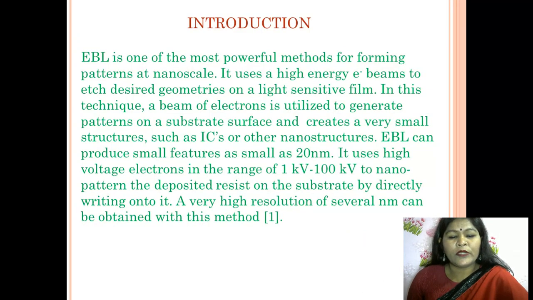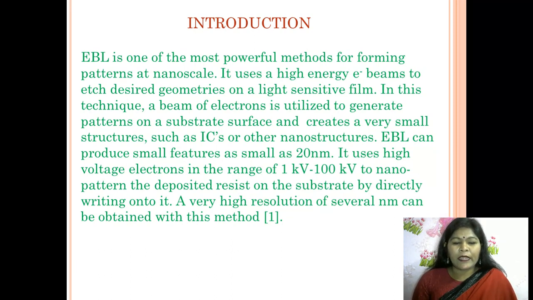Students, electron beam lithography is the fabrication technique that allows us to create patterns at a nanoscale level. Electron beam lithography devices are similar to electron microscopes or scanning electron microscopes.